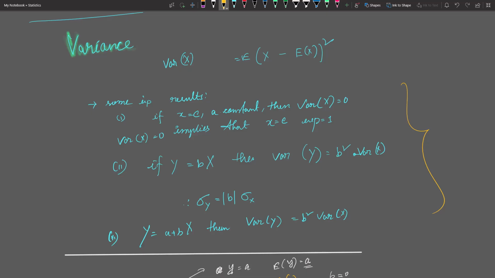So let's start with probability 1. If x is equal to c, then first proof. Here you can see x is equal to c. This single value, that is x, is taken.